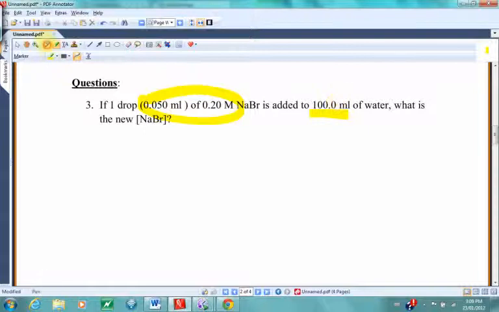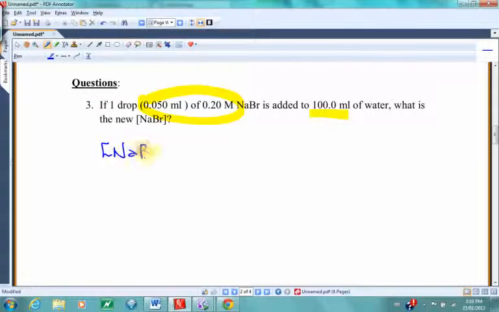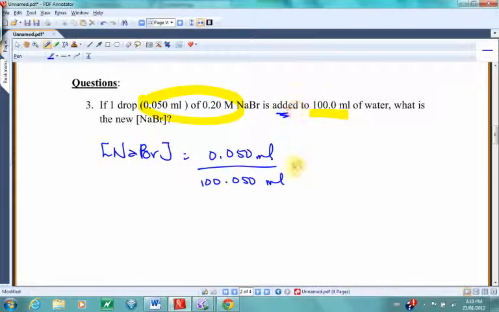So if we do my old volume and new, we have the sodium bromide concentration is equal to 0.050 milliliters divided by 100.050 milliliters. Remember, we've got the added 2 times 0.20 molar.